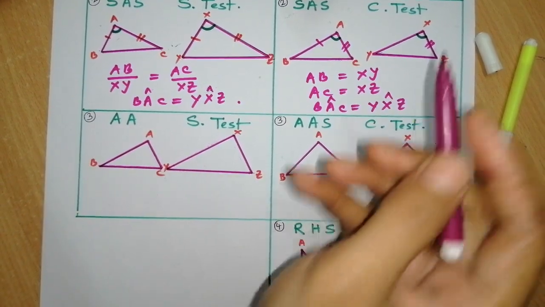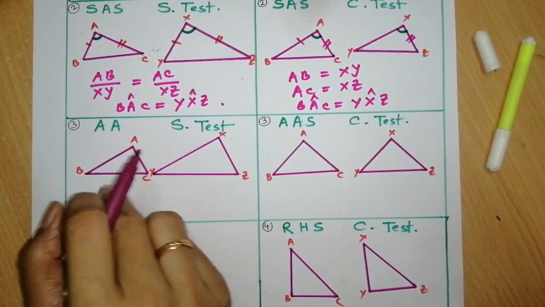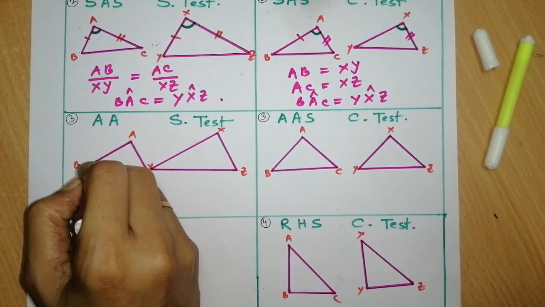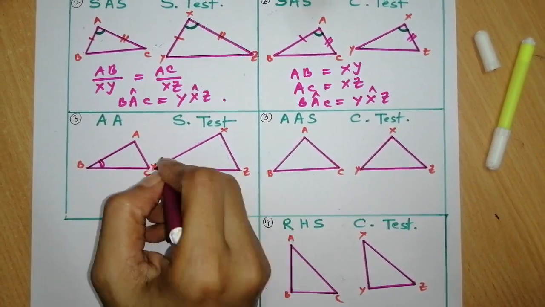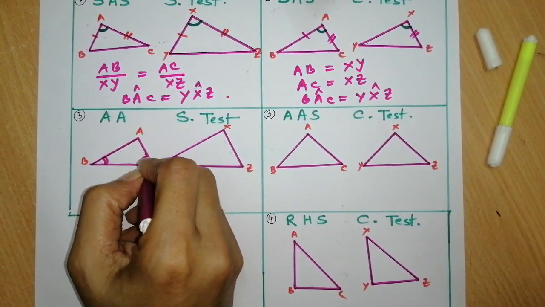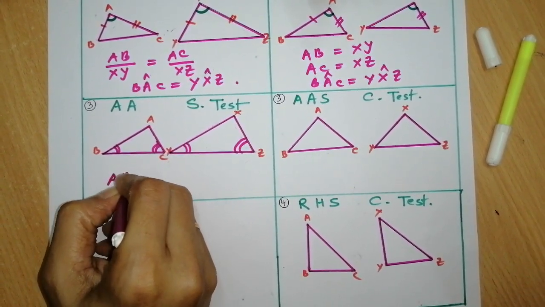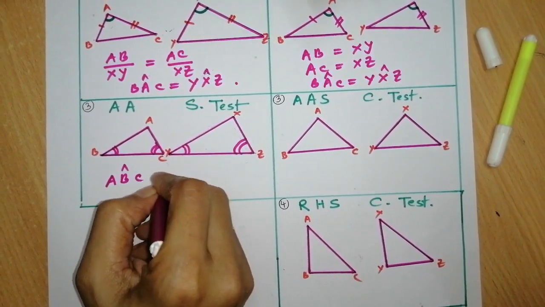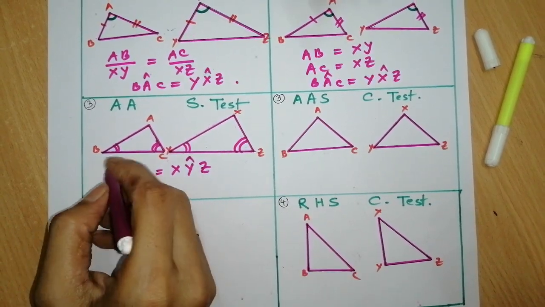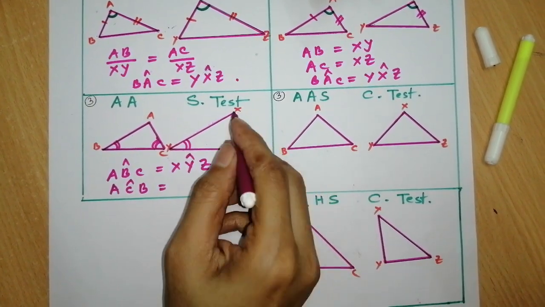And now number 3, AA similarity test. Any two corresponding angles: I should take angle B equal to angle Y and angle C equal to angle Z. Angle ABC equal to XYZ, and angle ACB equal to XZY.